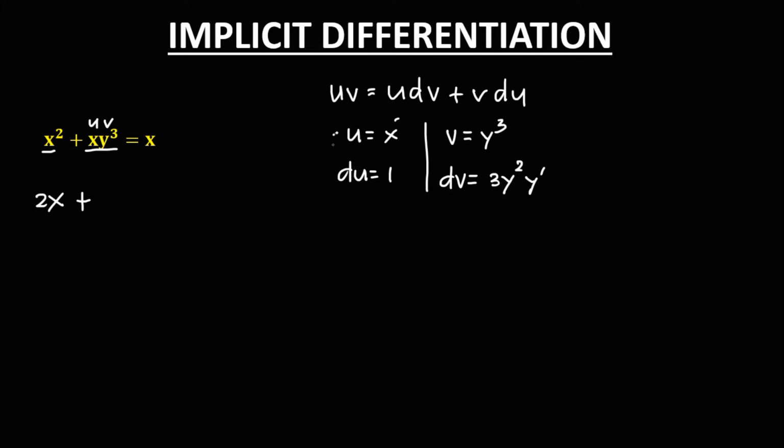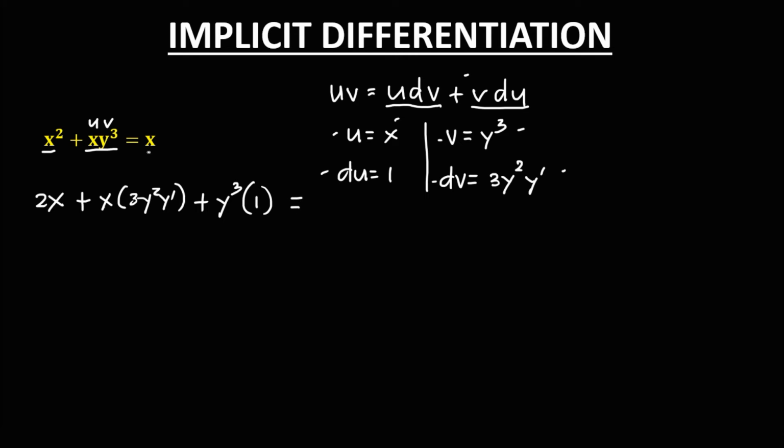Then substitute these values to this formula. So u times dv: u is x times dv, and dv is 3y squared times y prime. Then plus v du: v is y to the power 3 times du, and du is 1.